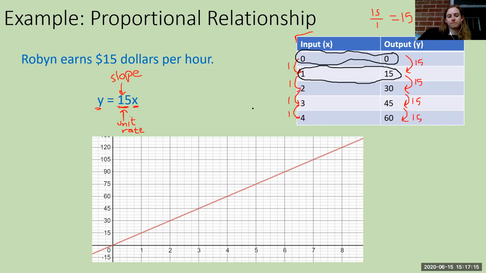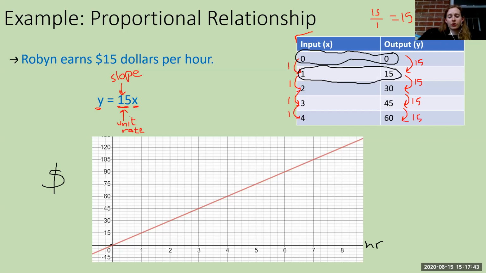All right, and then finally, looking at this graph. Again, this is a graph of the relationship between the hours that Robin works and the amount of money that she earns. It basically shows us the same information as the table, as the equation, and as the verbal description.